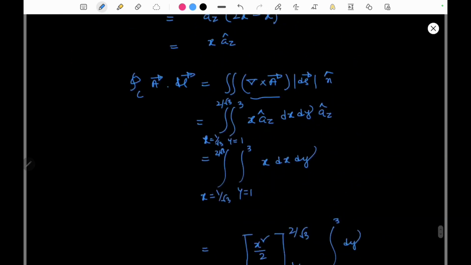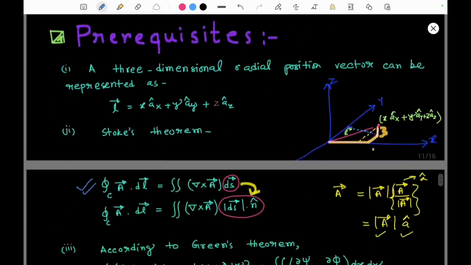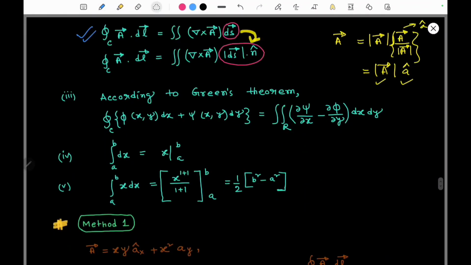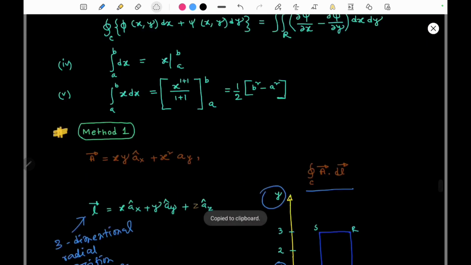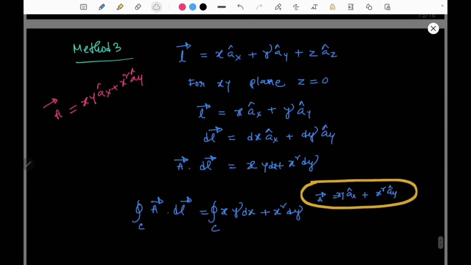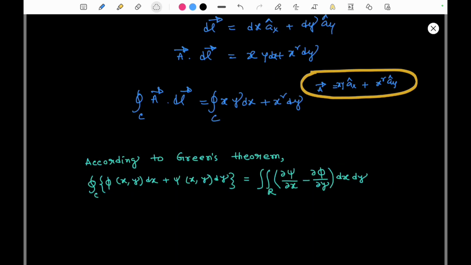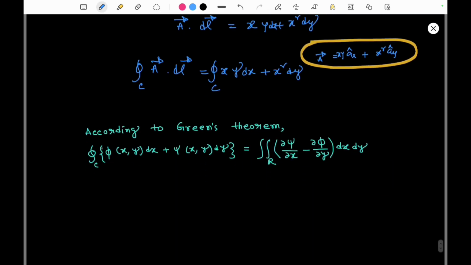Now we can remember Green's theorem. So here we have written this. We can copy this again so that we can relate. So according to Green's theorem, the closed integration over C of phi(x,y) dx plus psi(x,y) dy equal to double integration of del psi by del x minus del phi by del y dx dy.